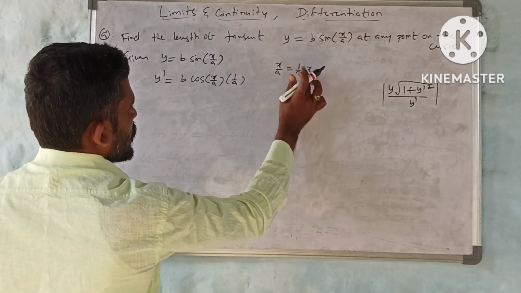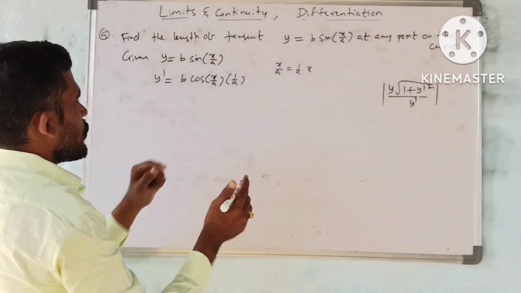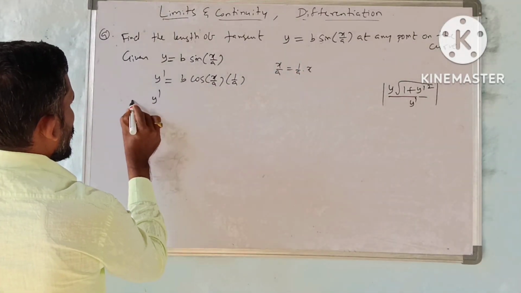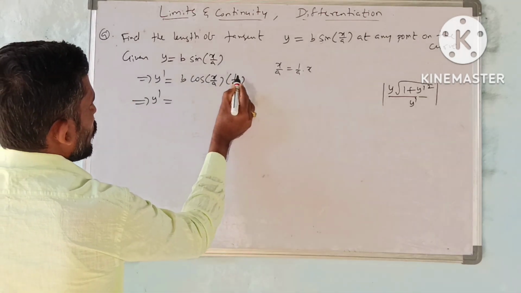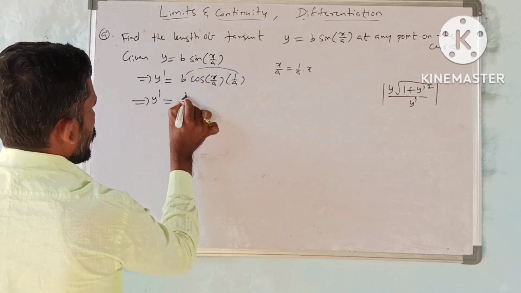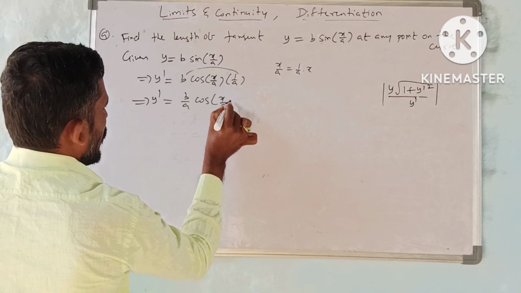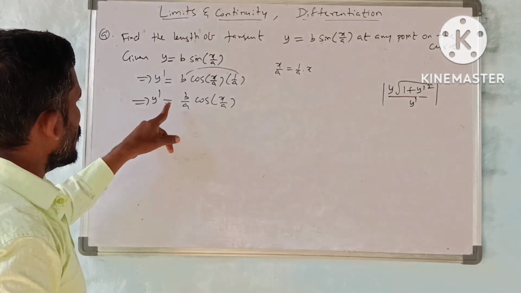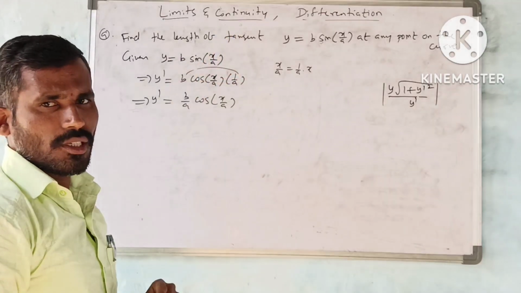Now on differentiating, only the x derivative is 1, so the coefficient 1 by a comes. So y dash equals b into 1 by a, both constants, and multiplying these two, b by a cos x by a. This is the y dash. So what he is asking here is the length of the tangent.